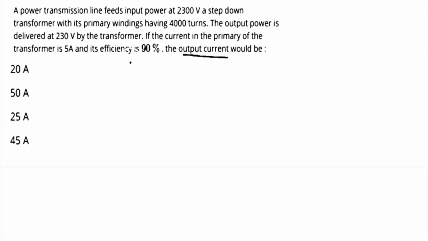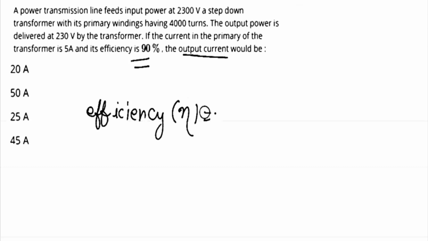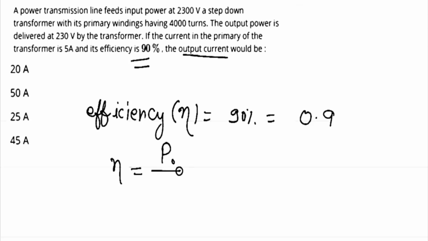Okay, so in the question the efficiency is given, so we can write efficiency, that is eta, equal to 90%, that is 0.9. So we know that eta is equal to power output by power input, and for power we know the formula is voltage into current.